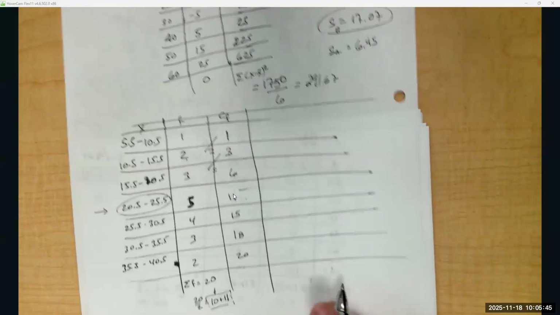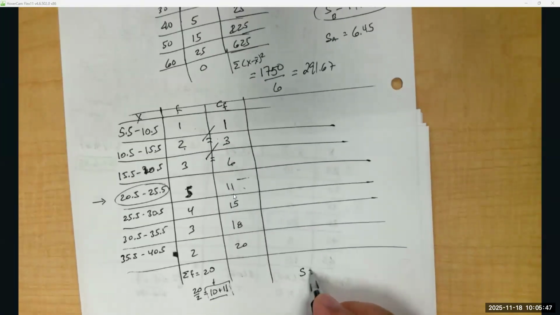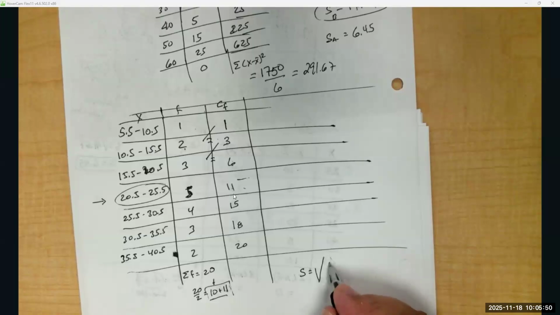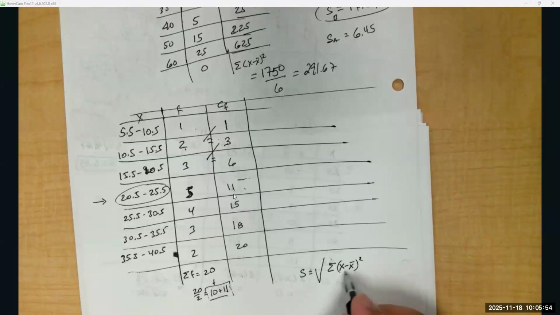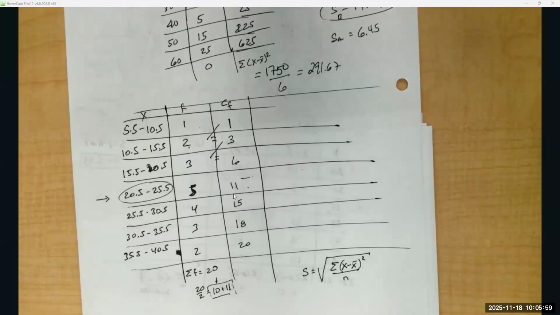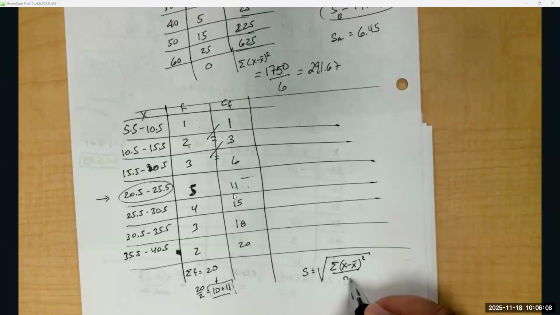Remember, our formula is that. Actually, the first time we introduced this formula, in general, we use an n-1 for samples. The n-1 removes any possible error you had in data collection.